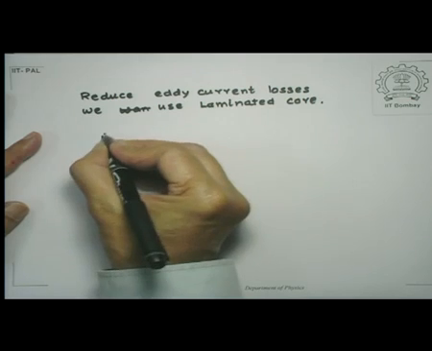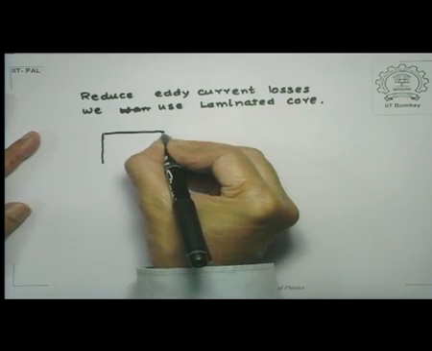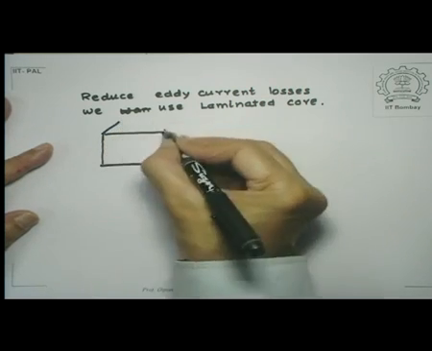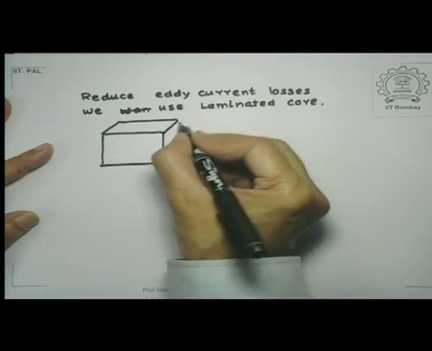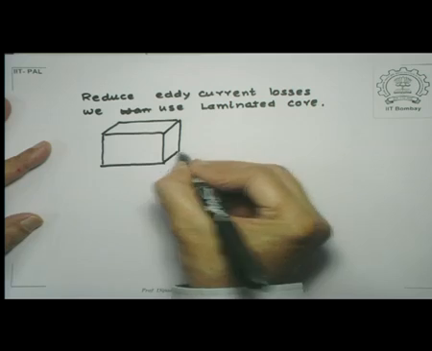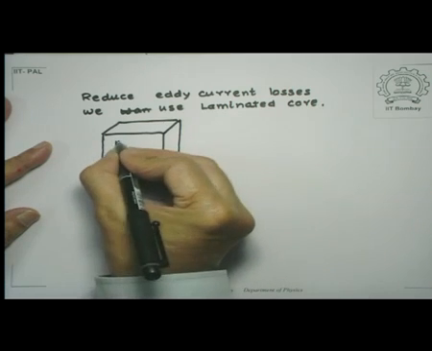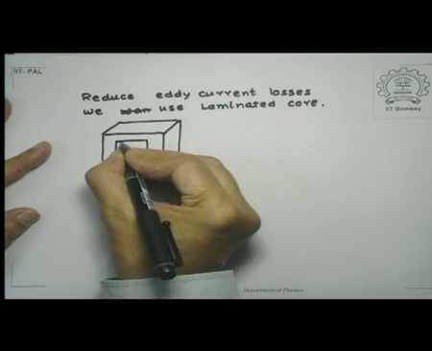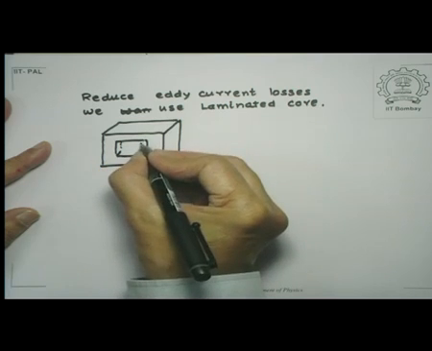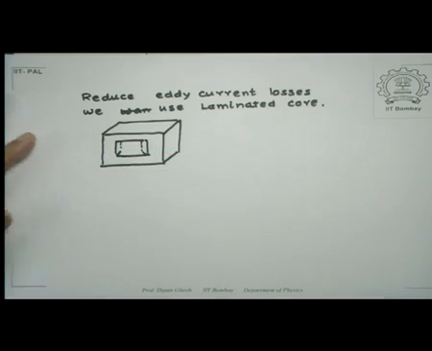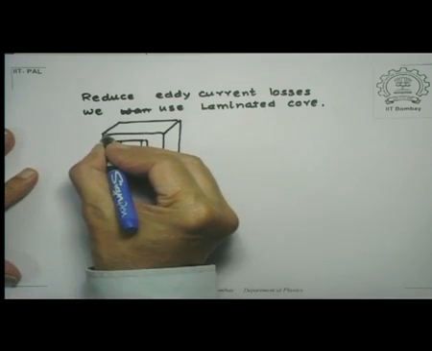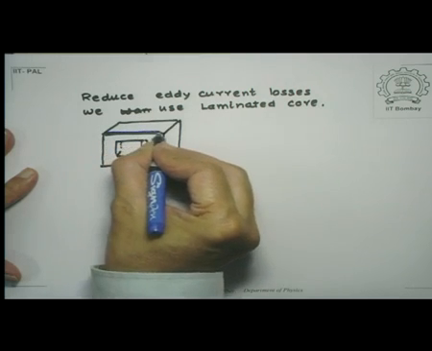So this is my core. Let me show you a section of that. Now see, what happens here is that instead of a single block, I take layers. So let me try to show you the various layers by drawing them.